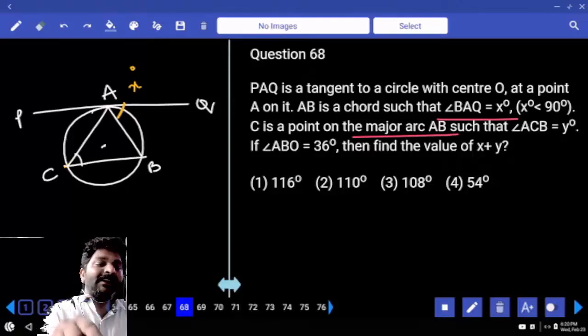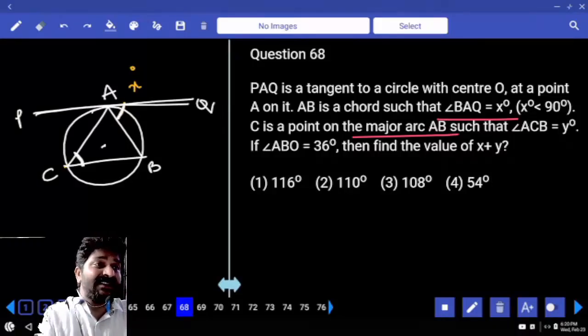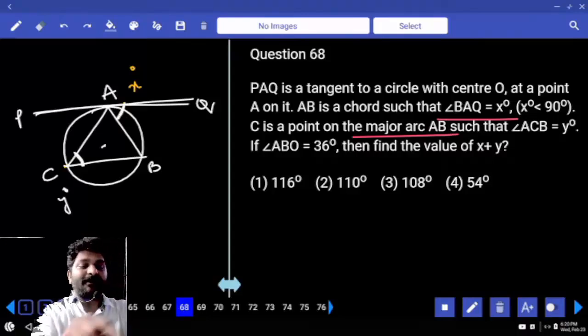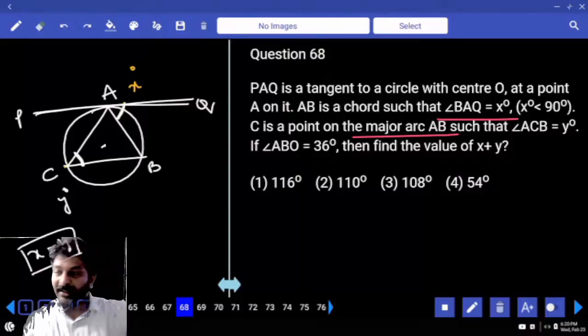See, according to the alternate segment theorem, if the tangent makes an angle x degrees, then at ACB also that must be x degrees. But now they mentioned it as y degrees. But we know that from this we can conclude x and y both are equal.